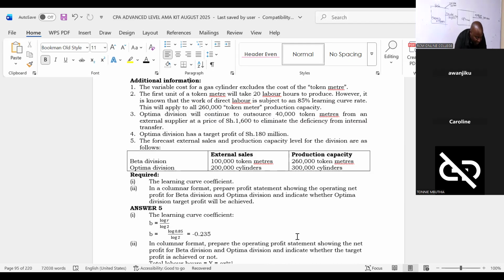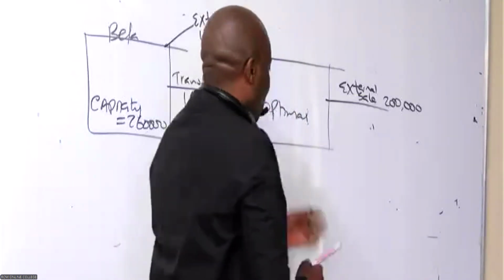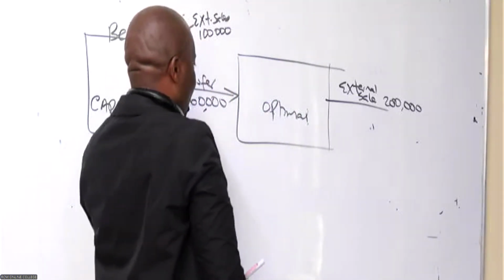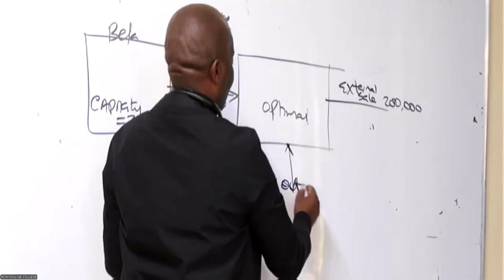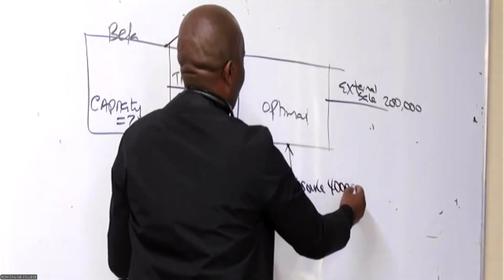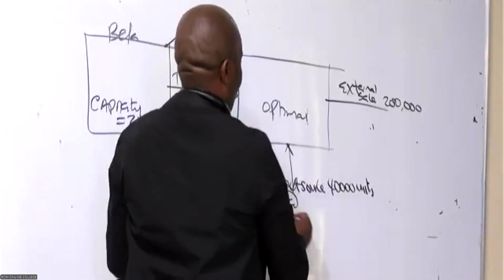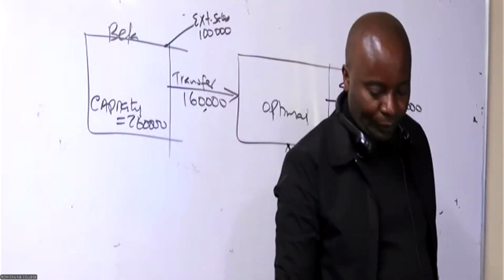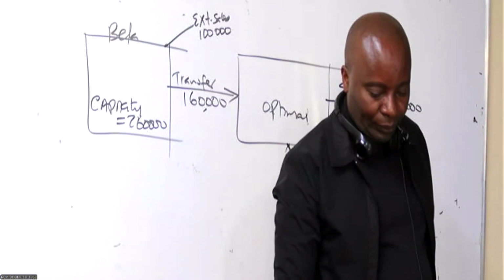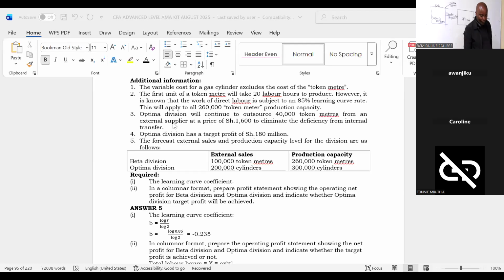It's because I can see that they are going to get 160,000 internally, so they have to outsource 40. The others are neither here nor there.